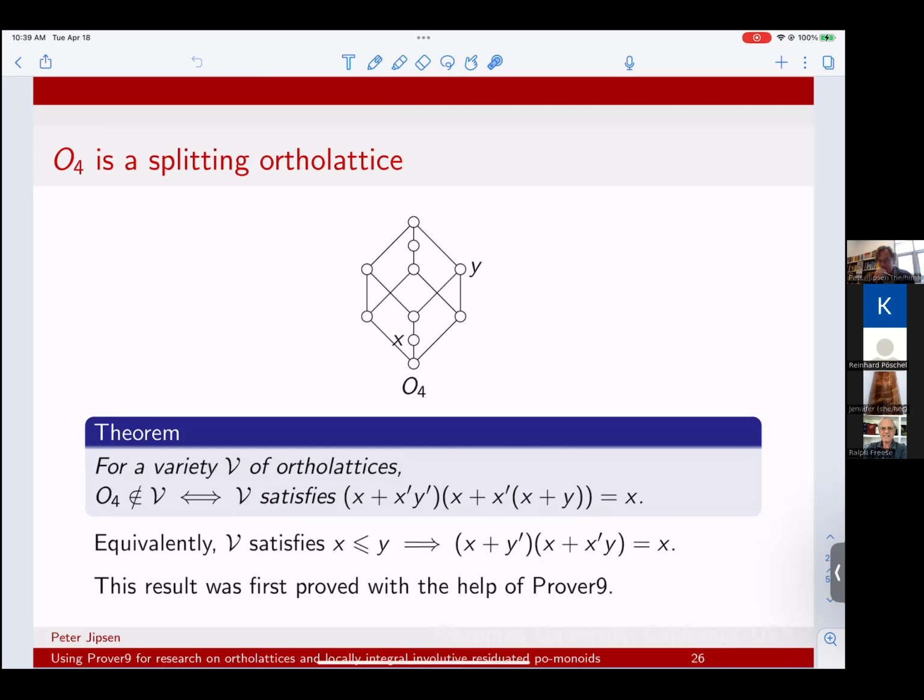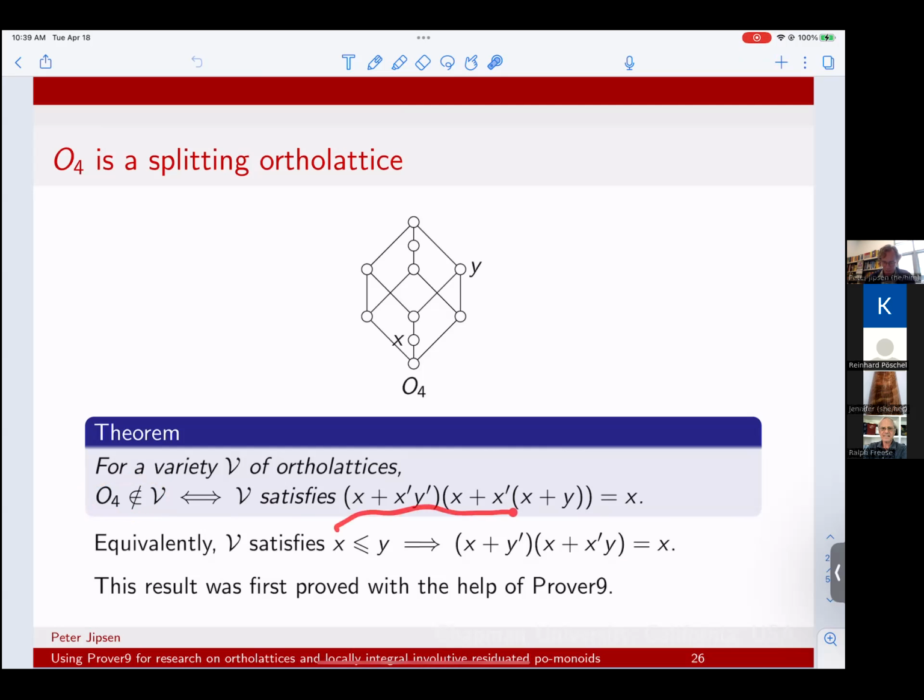And the fact that it's a splitting equation came out of a Prover9 proof with 128 lines. The interesting thing is that you can write the absence of a finite algebra in a first-order way. That's a formula, not an equation.